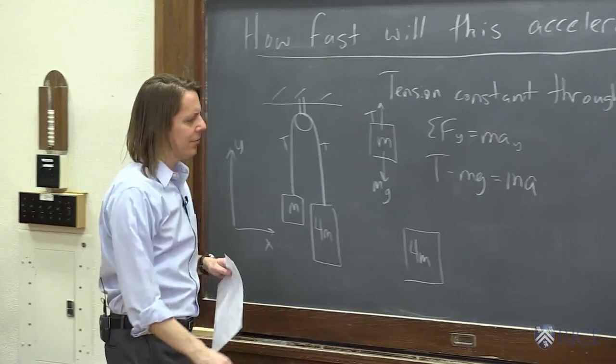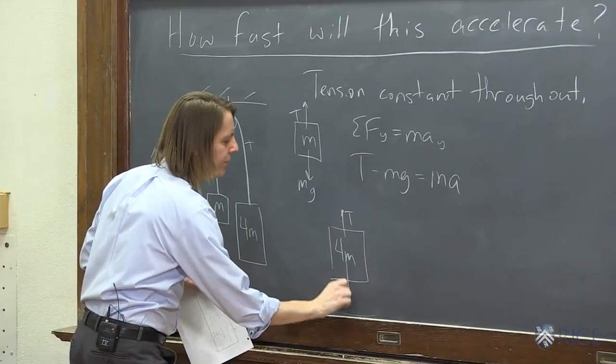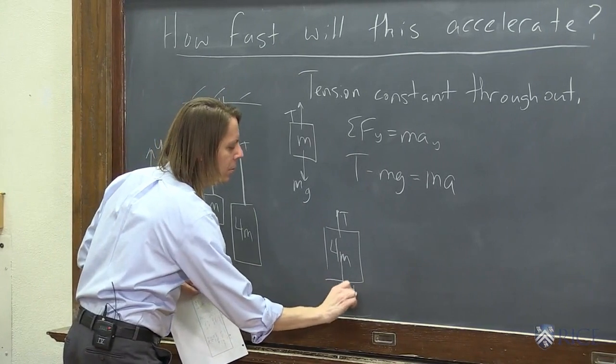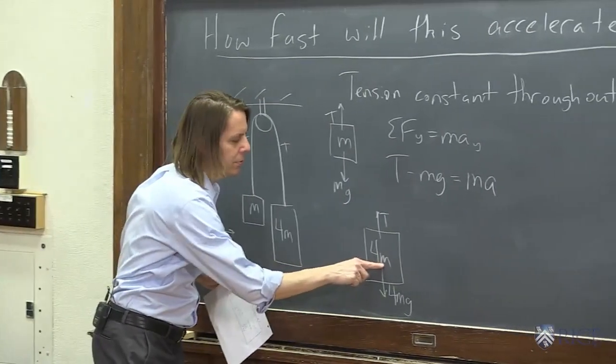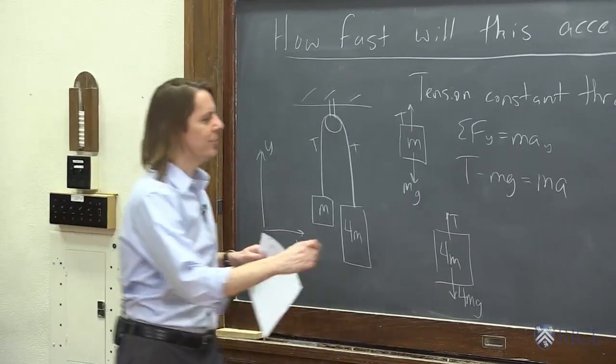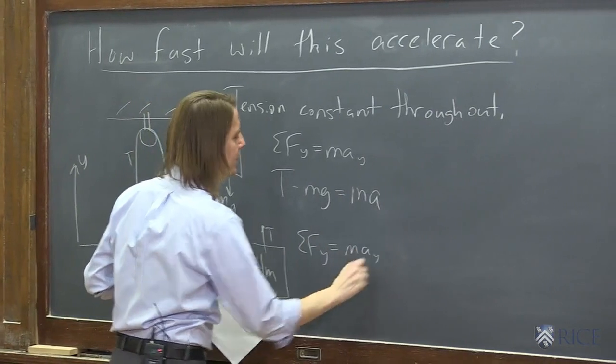Let's do the 4m, the larger mass. Free body diagram: it also has tension T pulling up. It has 4mg pulling down, a larger force pulling down. So the sum of the forces in y equals the mass times the acceleration in y.